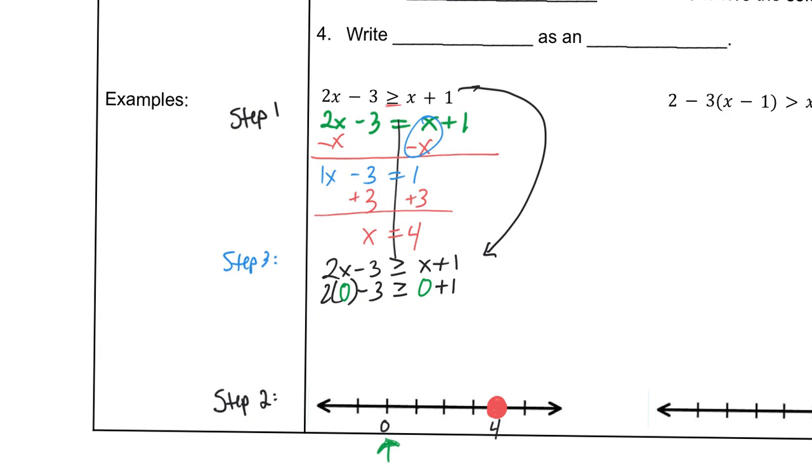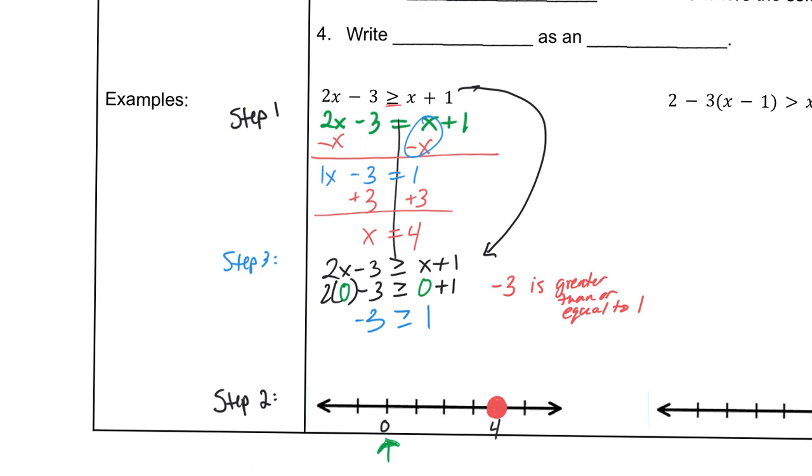And all we see when we do the left, it's really fast when you do 0. This left side gives me -3, and the right side gives me 1. And what I see here is a sentence that says, and you can write this down or you can just listen, -3 is greater than or equal to 1.